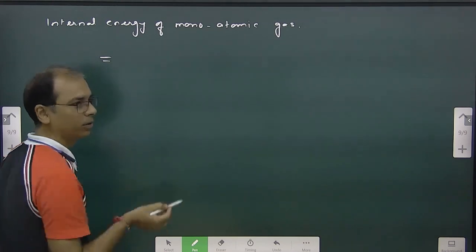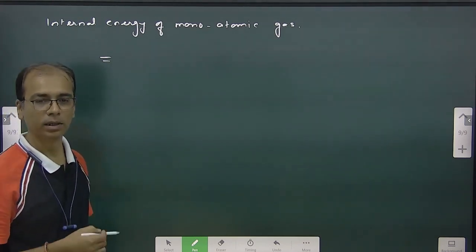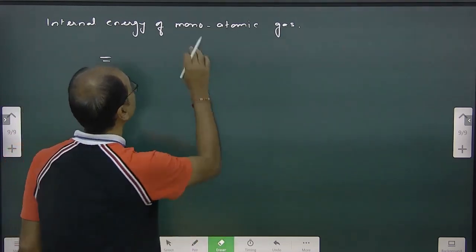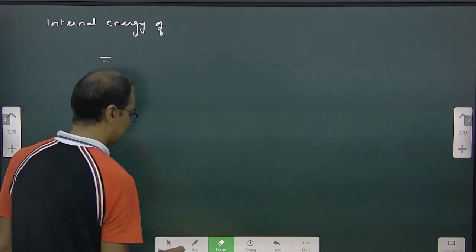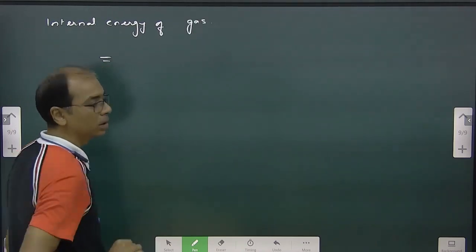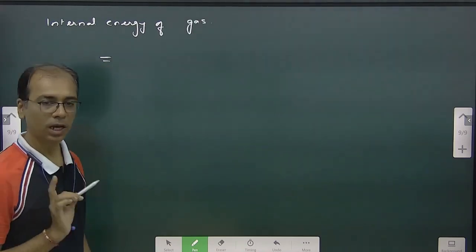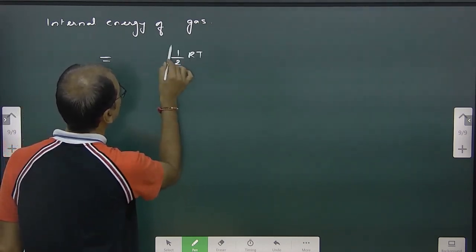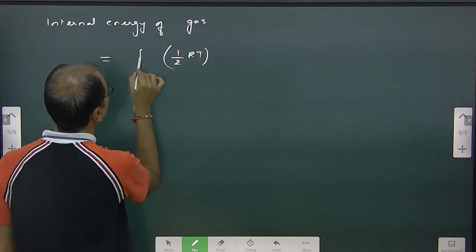So shall we write a formula first, and then we will associate the degree of freedom with that. So instead of writing monoatomic, let's say internal energy of gas. Each degree of freedom has how much energy? Half RT, multiplied with the degree of freedom.